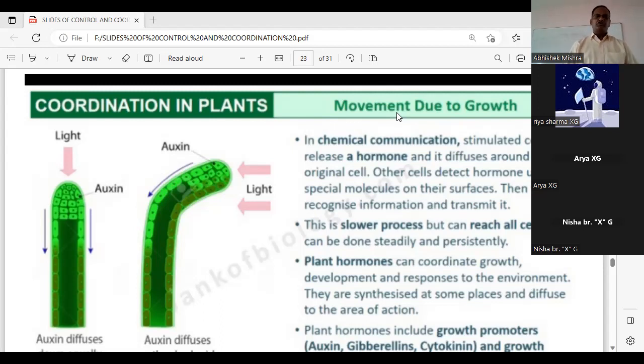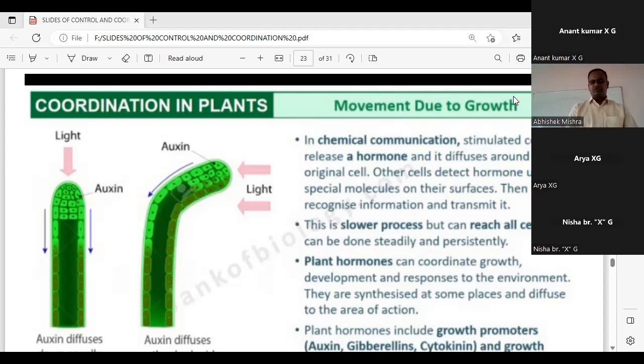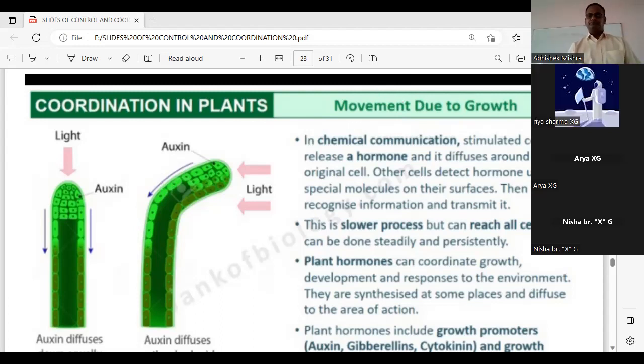Now, if we are calling a hormone a growth promoter, on which basis are we calling it a growth promoter? You write in the chat box, no problem.